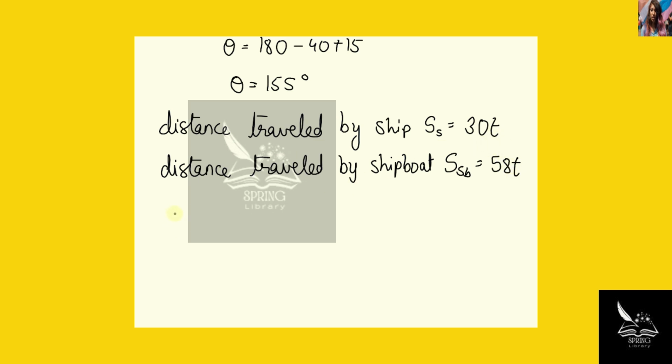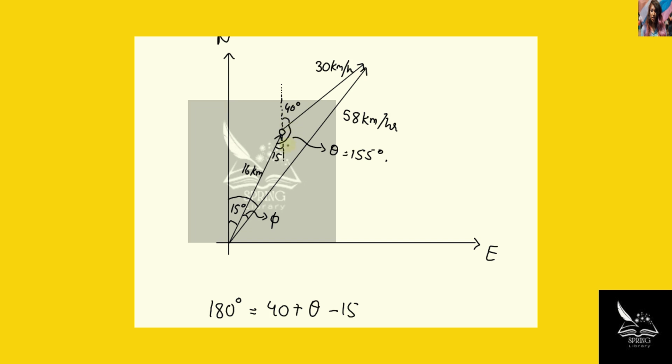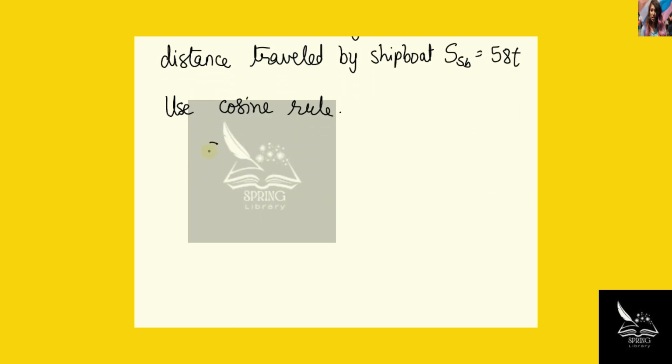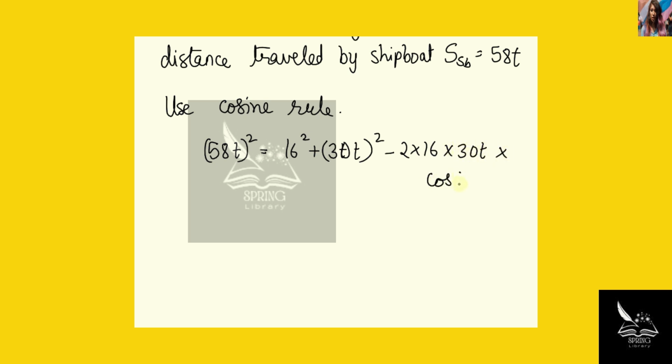So we will use the law of cosine, the cosine rule. According to the cosine rule, I am applying it at this triangle. So it will be (58t) squared equals 16 squared plus (30t) squared minus 2 times 16 times 30t times cosine of 155, because we need to calculate this.